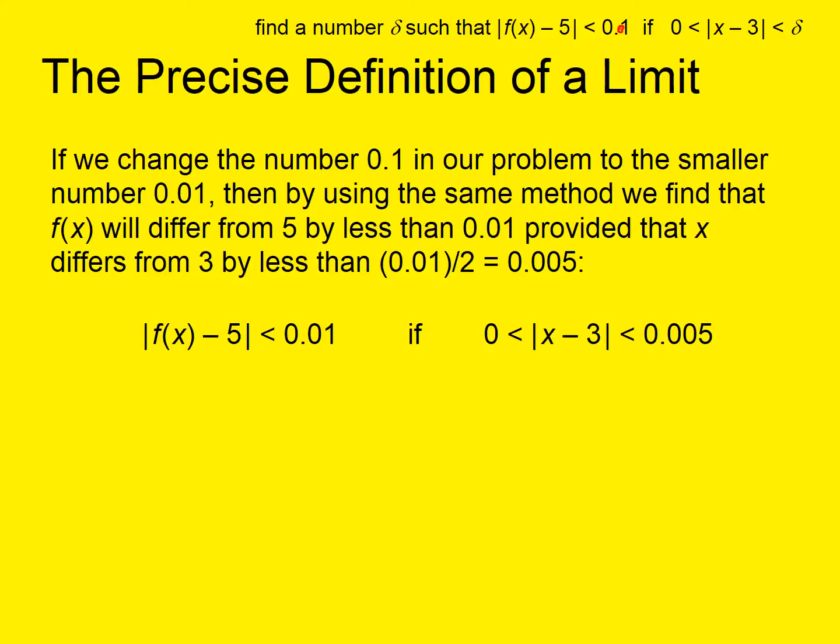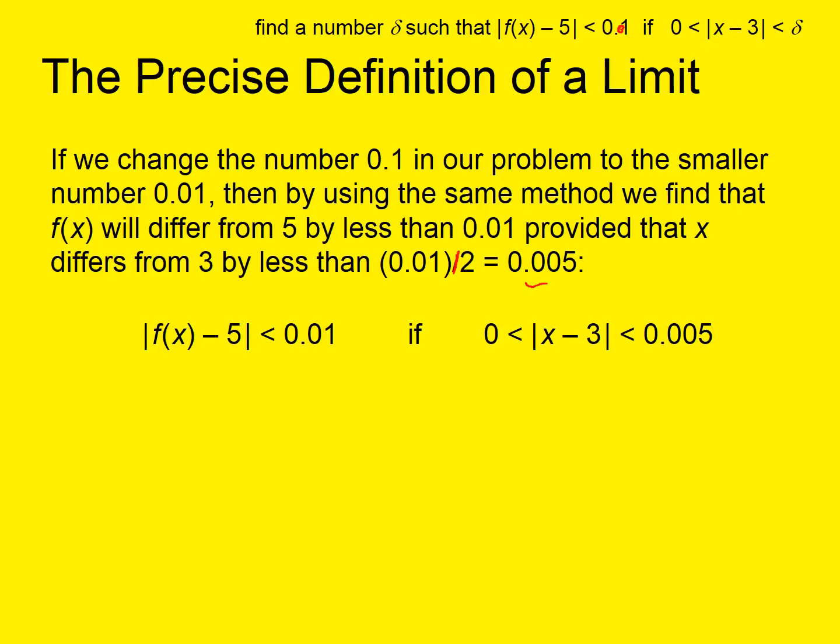If we change the number to a smaller one, then by using the same method, we find that f of x will differ from 5 by less than 0.01, provided that x differs from 3 by less than, and we do the same kind of division that we were talking about.